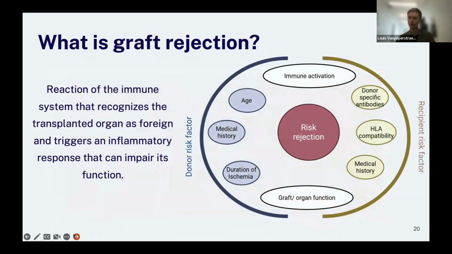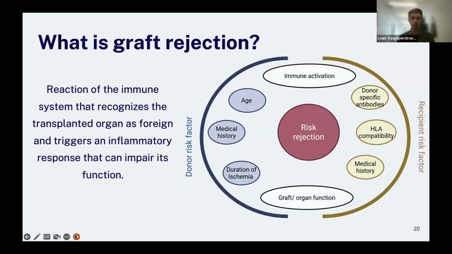On vous parle beaucoup de risque de rejet. Mais concrètement, quelles sont les causes ? Il y a à la fois des causes qui viennent du donneur d'organes. Ça peut être l'impact de l'âge du donneur, son historique médical, la durée d'ischémie, c'est-à-dire combien de temps l'organe est entre le moment où il a été prélevé et le moment où il a été reçu.